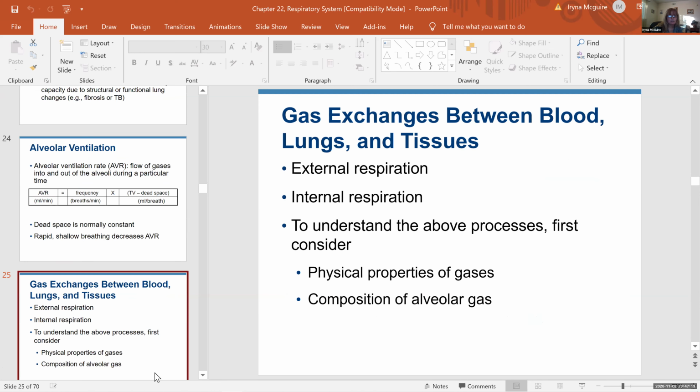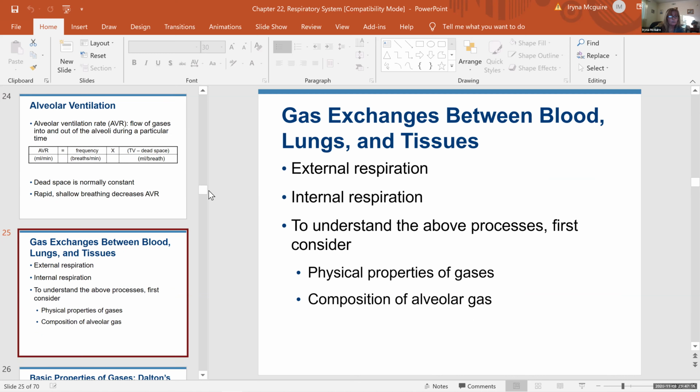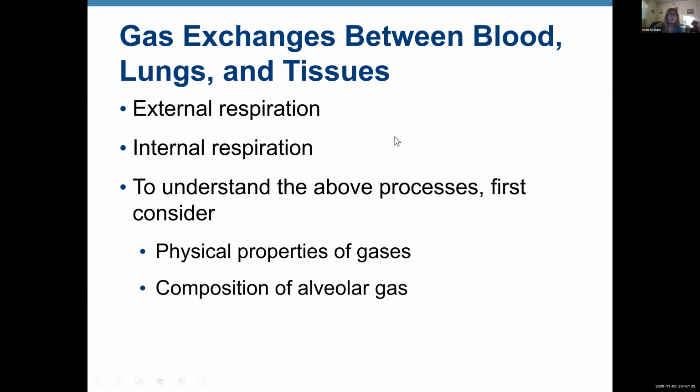Okay, next step, we have respiration, right? So that was ventilation. Now we have respiration. And we have two types of respiration: external respiration and internal respiration. In between them, we have transport of gases, right?